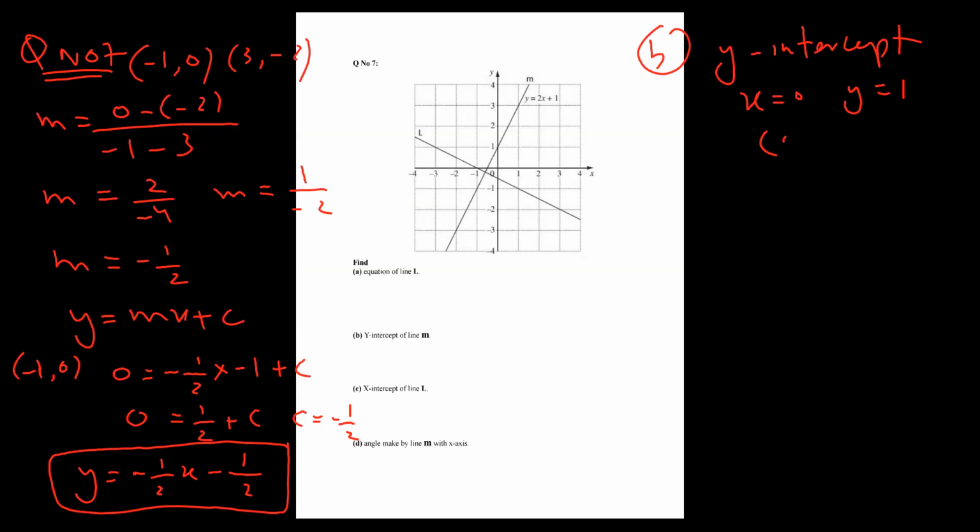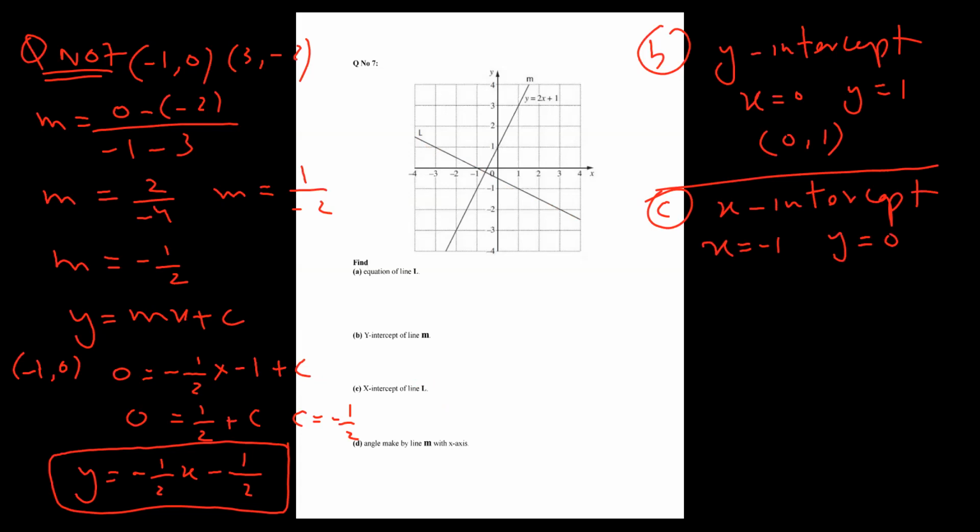So you have to write the coordinates. Part C: x-intercept of line L. Line L is this. X-intercept means where it cuts the x-axis, so minus 1. It's also very clear. So x is minus 1, but y is 0. So write minus 1, 0.